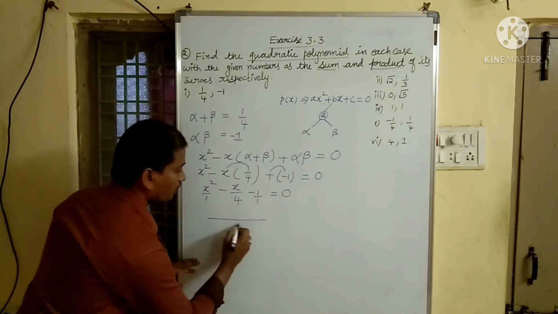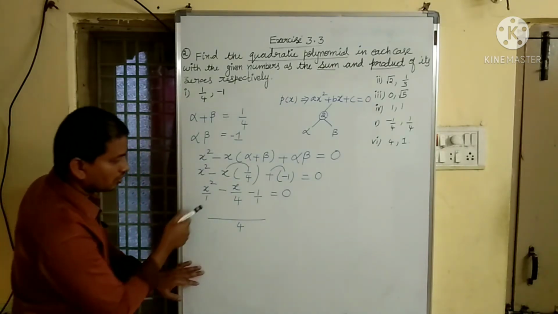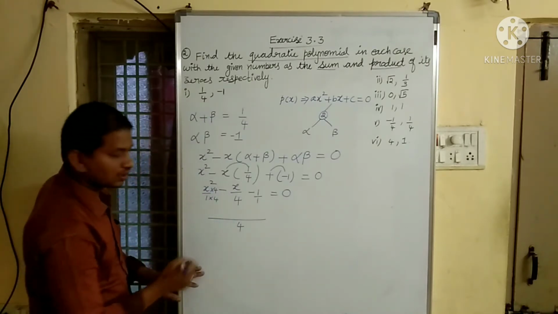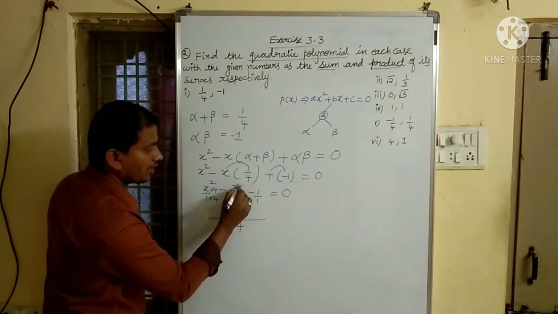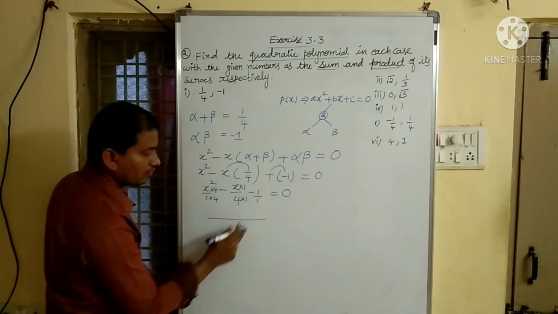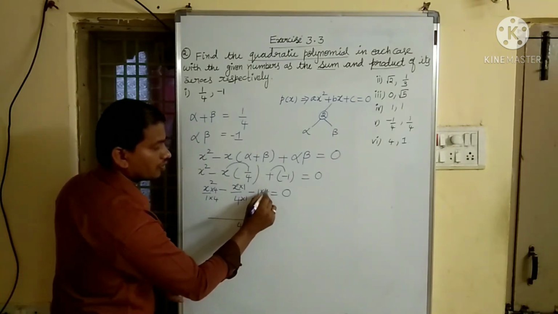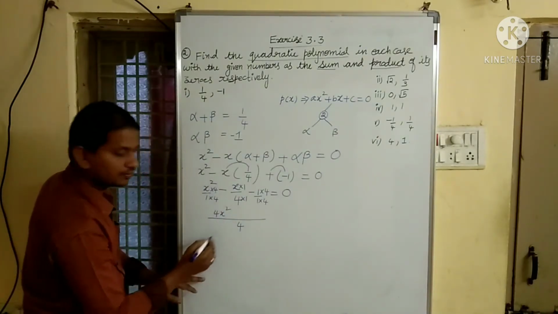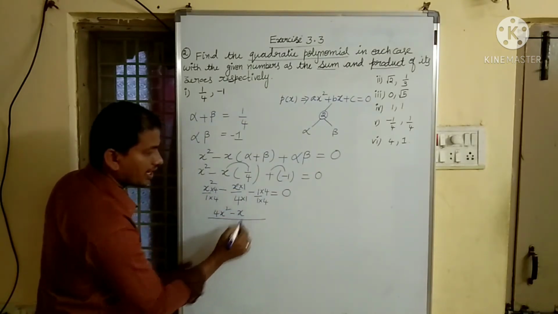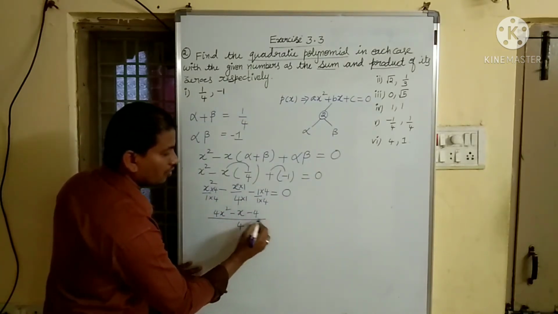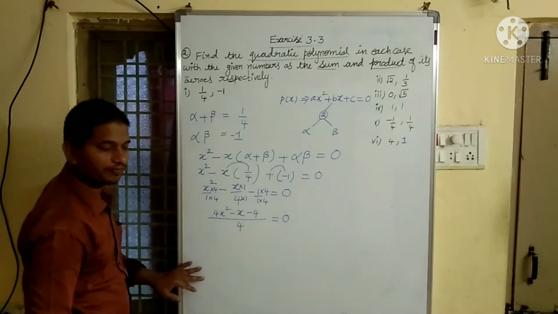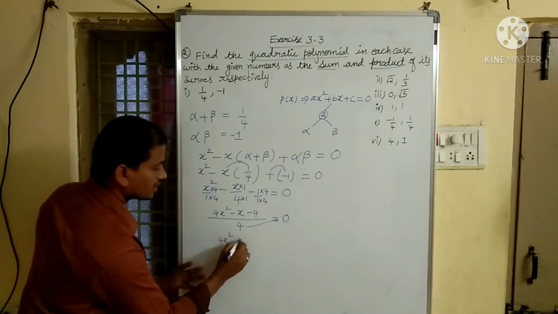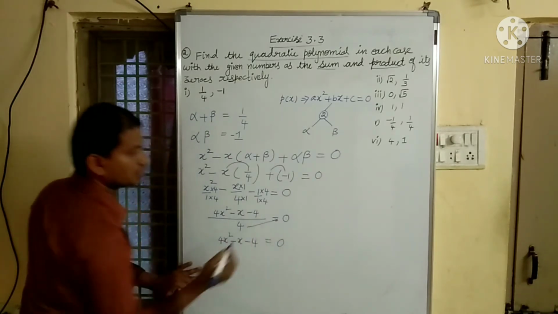The LCM of 1, 4, 1 is 4. 1 fours are 4, into x²; 4 ones are 4; 1 fours are 4. So 4x² minus x into 1 minus 1 into 4 is equal to 0. Cross multiplication. So that is 4x² minus x minus 4 equal to 0.